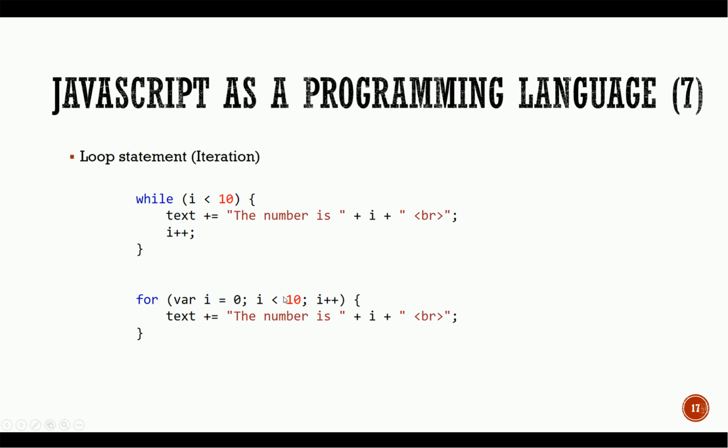We also state the stop condition, so we only execute the code when i is smaller than 10, and we also have the changing action to make sure that the loop will end at some point.